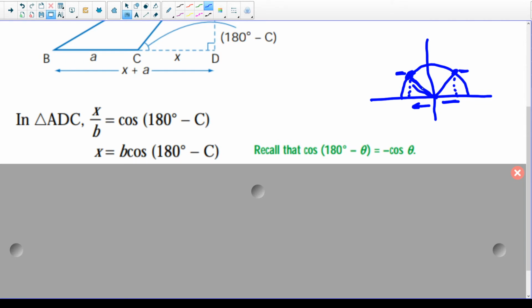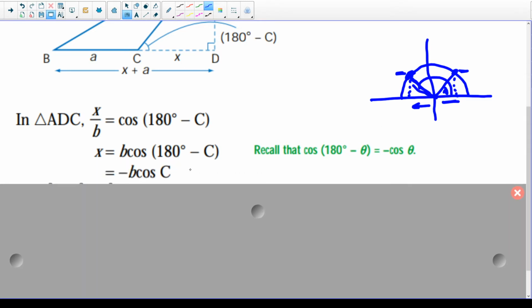So it would be 180 minus theta, which would be the angle here. So if you do cosine of 180 minus theta, it's the exact same thing as doing the cosine of the related acute angle, which is here, but the negative of it, because it's on this side of the x-axis. So I'm not going to get into that too much, because we're actually going to talk about the standard position angles a little bit more in detail later on.